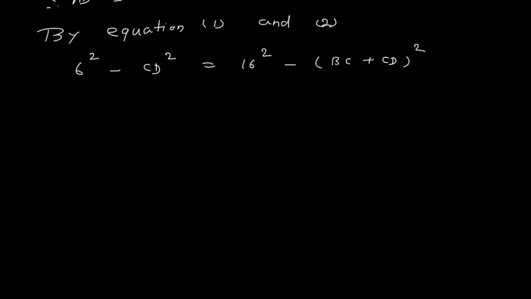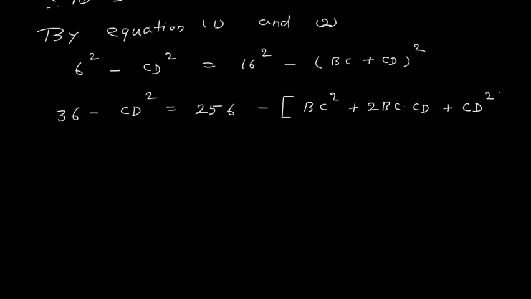So 6 square is 36 minus CD square is equal to 16 square is 256 minus, here BC plus CD the whole square is BC square plus 2 times BC into CD plus CD square.